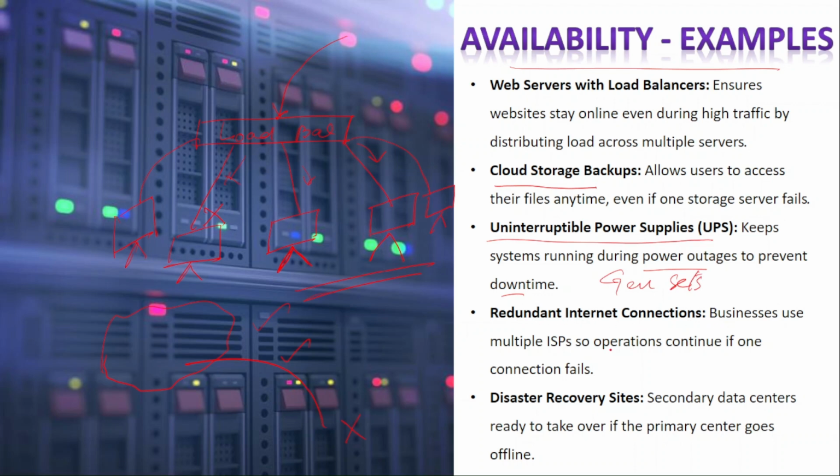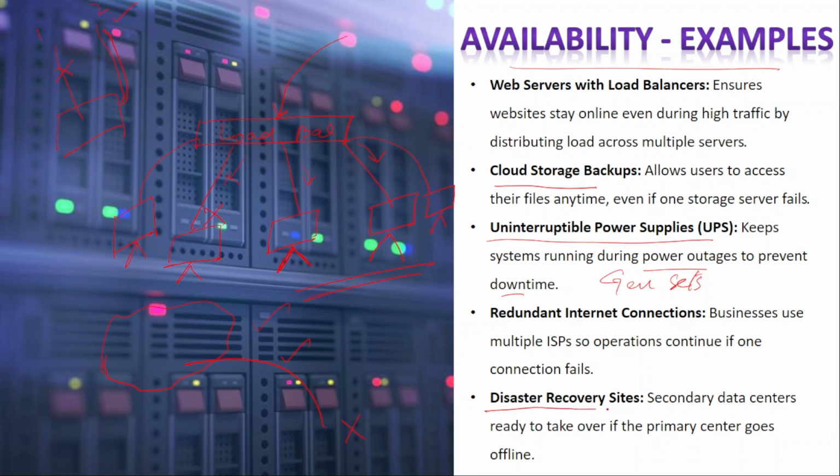Businesses use multiple ISPs, so operations continue if one connection fails. Organizations usually have multiple connections from different ISPs, so that if one ISP has some issues or its connection fails, the internet connection is still available through the secondary ISP. So these are all mechanisms of availability.